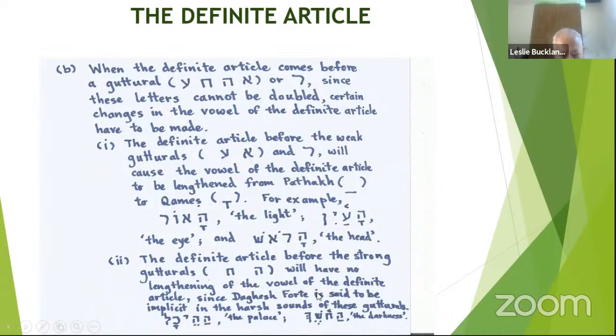And so there is no need for the vowel under the he of the definite article to be lengthened from pathak to kames. So it remains pathak. So you have ha-koshek, meaning the darkness. Ha-hekal, which is the palace. And there is no lengthening of the pathak under he.